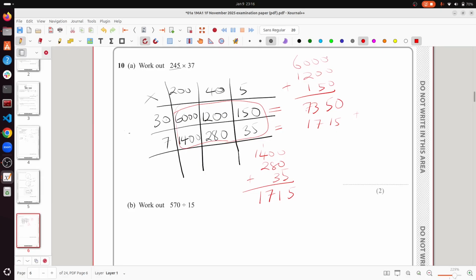So I'm just going to write that separately now. 7,350, 1,715. That gives me 5, sorry. So that gives me 5, that's 6, that is 10, and that is 9. So let's check our mark scheme.